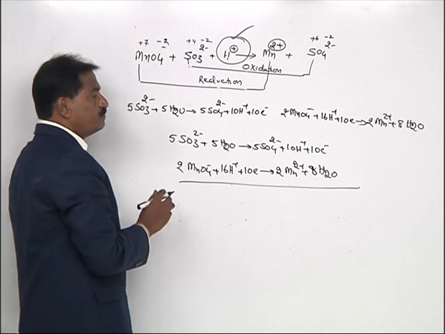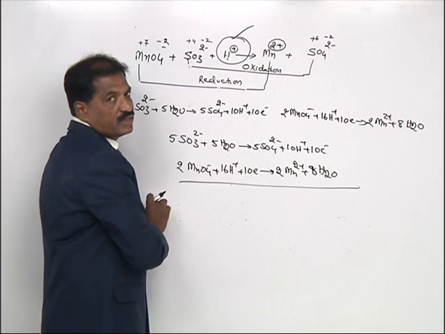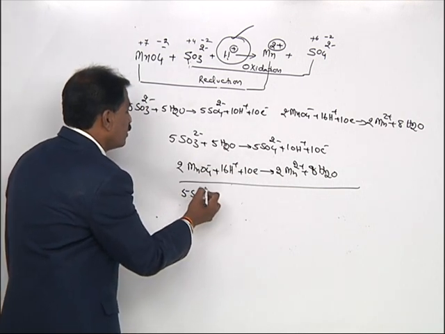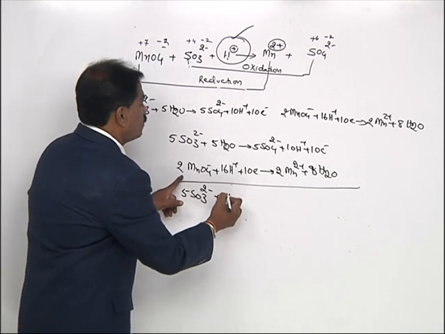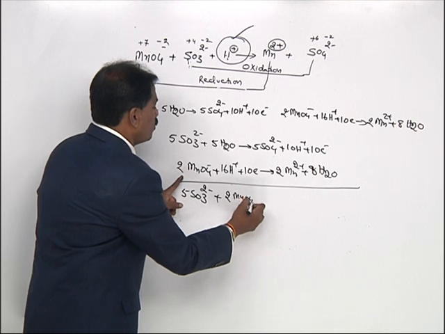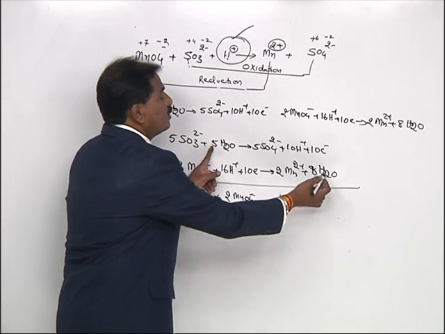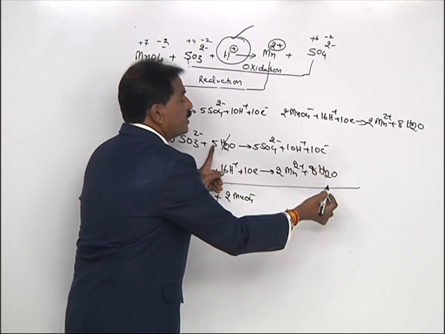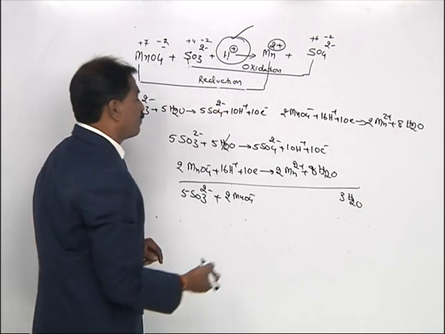During the addition, if any similar term appears this side and that side, we can cancel that similar term. Therefore 5SO3 2-, next 2MnO4-. Next here 5H2O, here 8H2O. So the 5H2O here and 5H2O there will get cancelled. Here only 3H2O will be left.